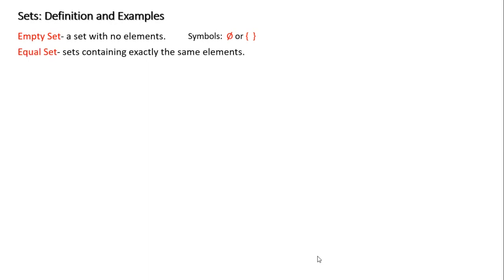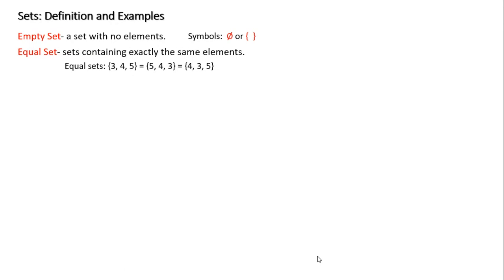Okay. An equal set is any set that contains exactly the same elements. We'll see some examples of these. So these are equal sets. The order does not matter as long as the elements inside the set are the same. For instance, the first set is 3, 4, 5.